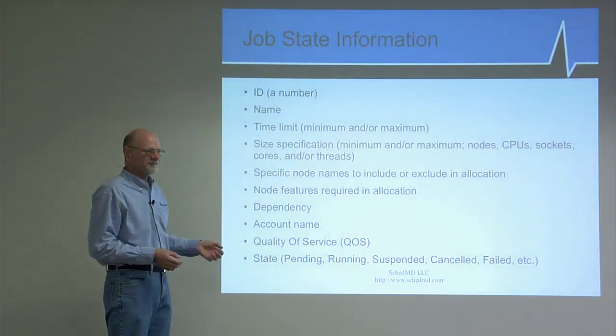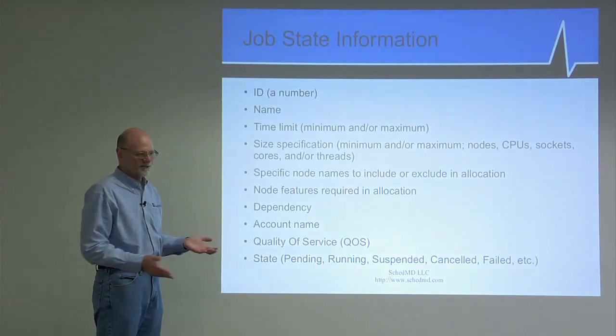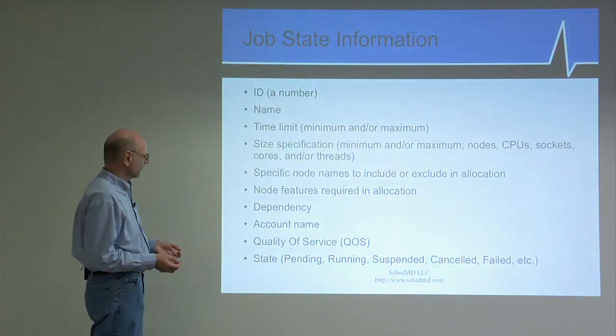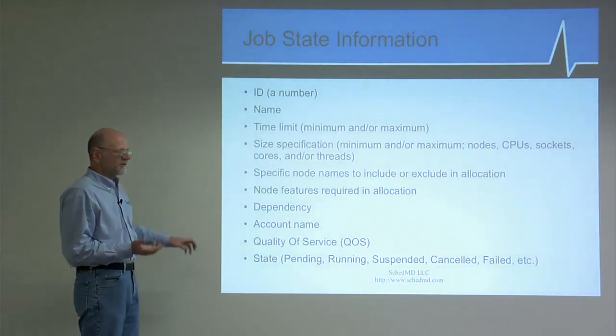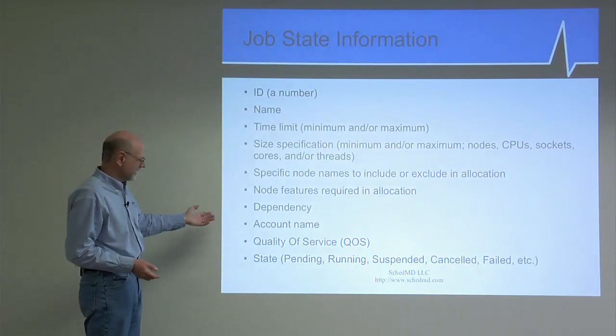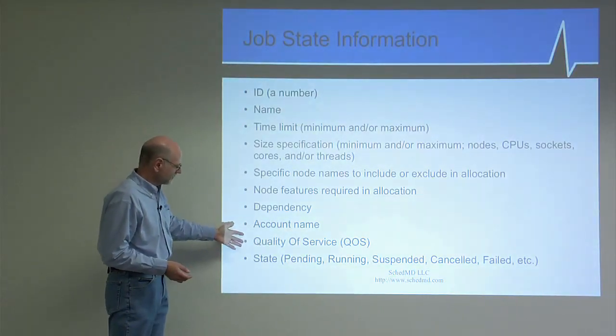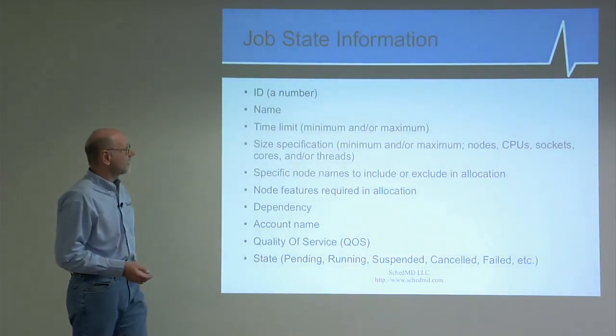Or I want nodes that are on rack 1 that have an Intel processor. So and or features like that. There are dependency rules. Run this job only after this other job completes successfully or after it fails. There's an account name, there's a quality of service, and then there's a state, and I think I go over the job state next.